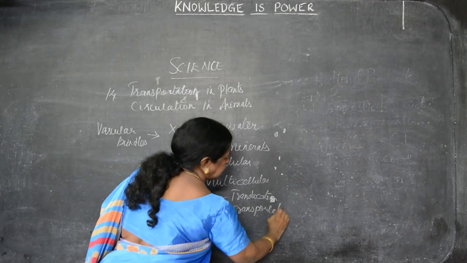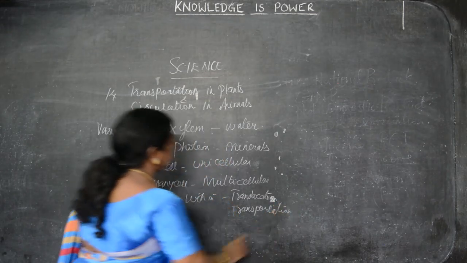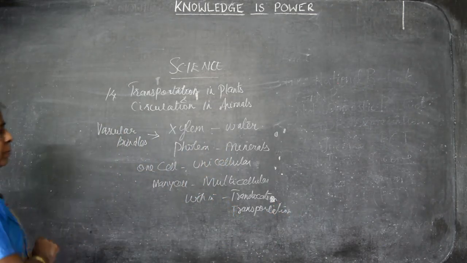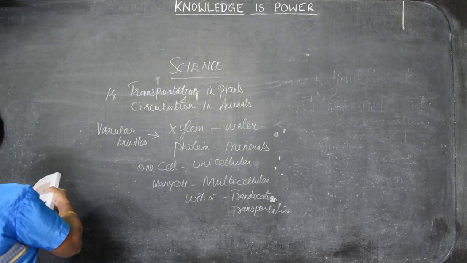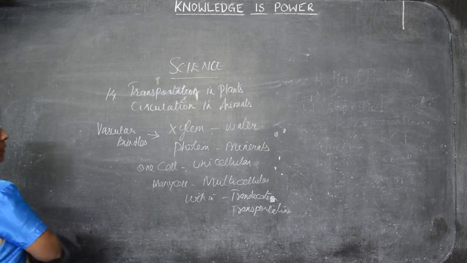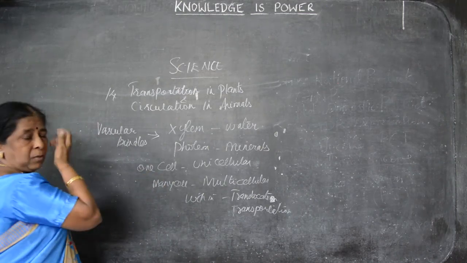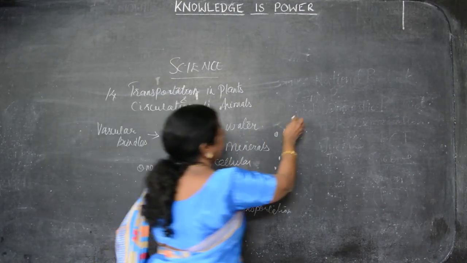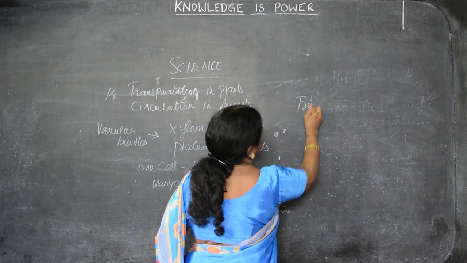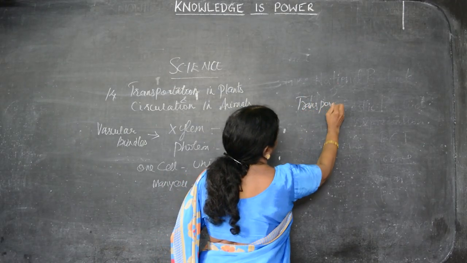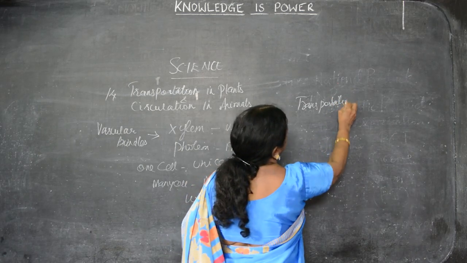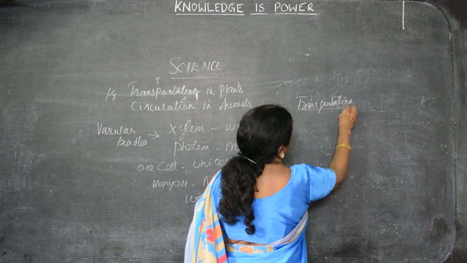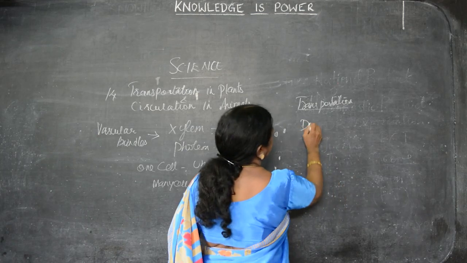So what are the organs that help in transportation? I said already, xylem and phloem, which can be seen all over the parts of the plant. So there are three ways of transportation. What are the ways? We'll see now. One is diffusion.